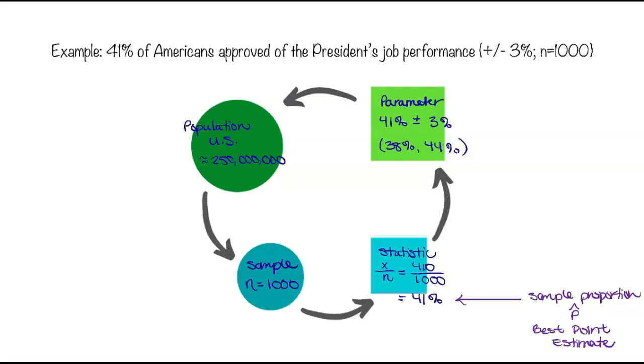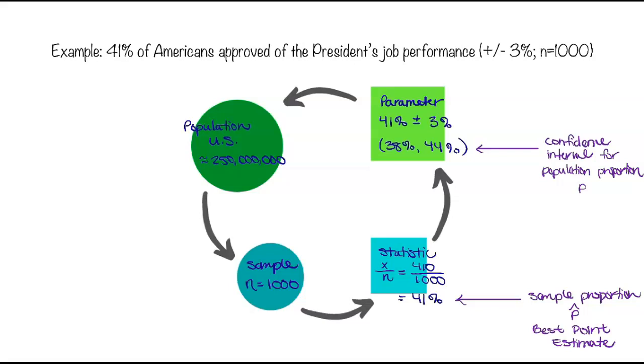It's not the actual population proportion, but it is our best estimate based on our sample. And the result is this confidence interval for the population proportion, or the proportion of Americans that approve of the president's job performance. For the population proportion, we use a p without a hat.